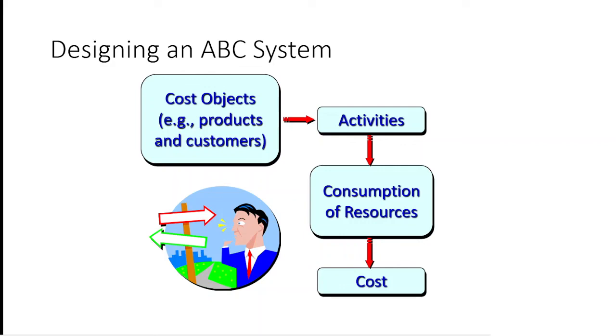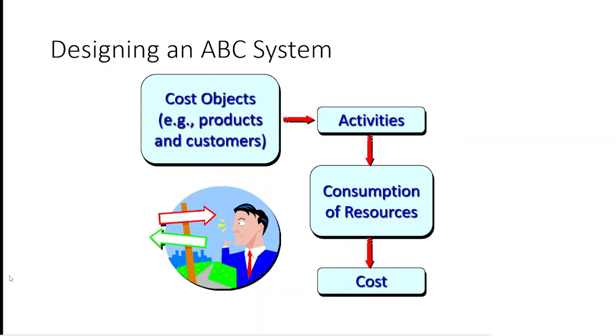These cost objects use the company's resources through the activities, right? As we say, quality control activities, manufacturing activities, finance, procurement, supply chain, logistics, packing, customer service, everything. For their particular activities they use the resources of the company, and that resource use of the company leads to the cost.